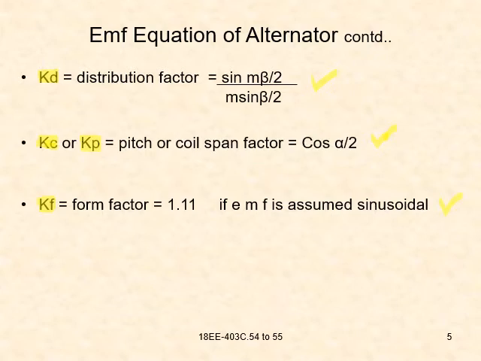If it is sinusoidal, then the value of form factor is 1.11. And capital N is the speed of the rotor, which is given in RPM.